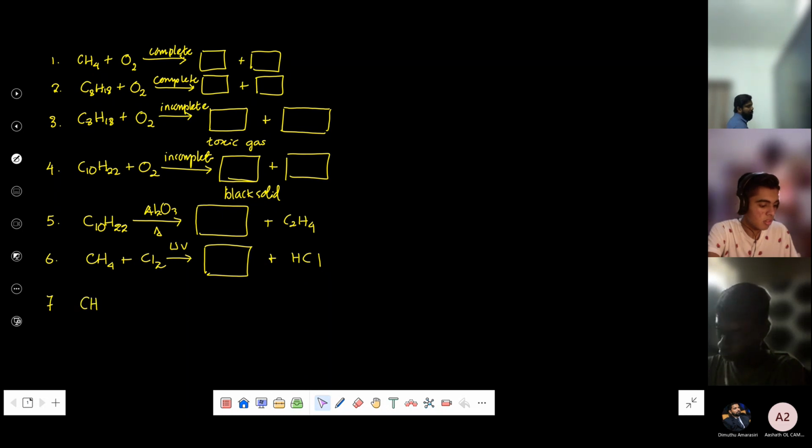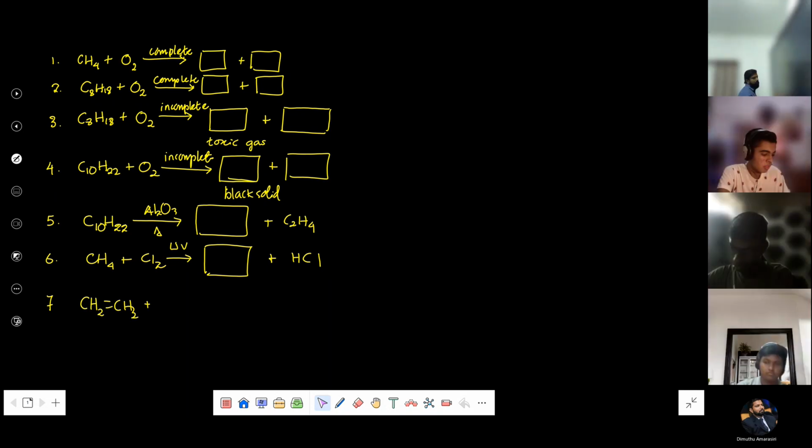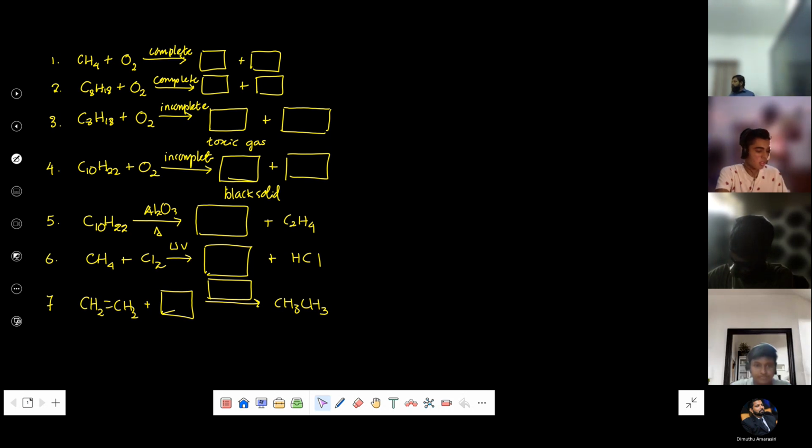Then we move into alkenes. These boxes are the ones that you have to fill. Sometimes the box represents the product or the reagent or the conditions.